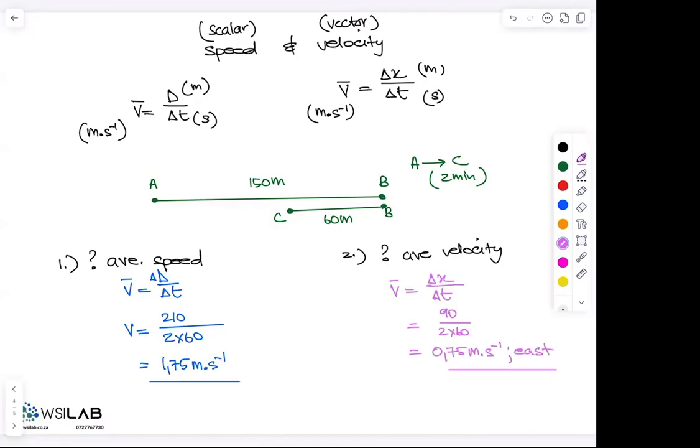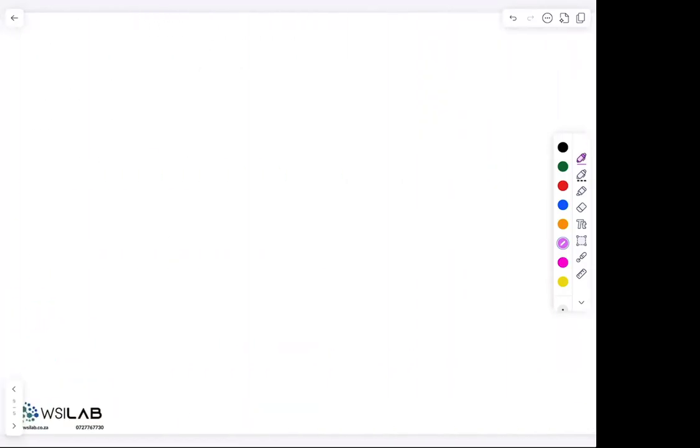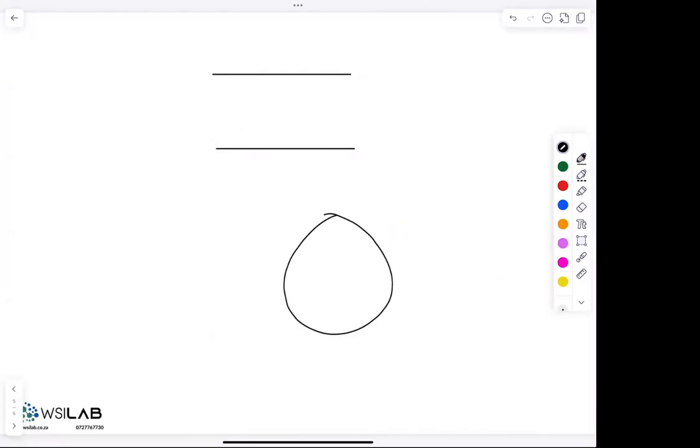Okay, now we can do an example with a track. Now I'm going to try and do a track. Okay, so there's your straights. And then you have like, I don't know.